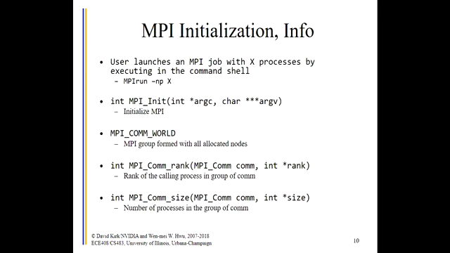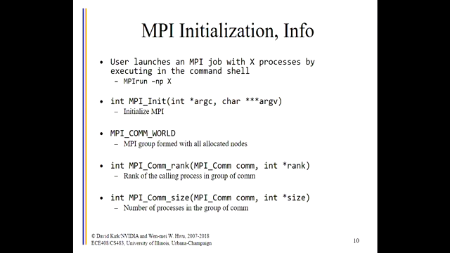So let's start by talking about how you can launch an MPI application. You go into a system that supports MPI, and typically what we call the head node. The head node behaves just like a host for the GPUs. Then you can launch the MPI job by running mpirun, and you can specify the number of processors, the number of nodes that you want to have to run your application.